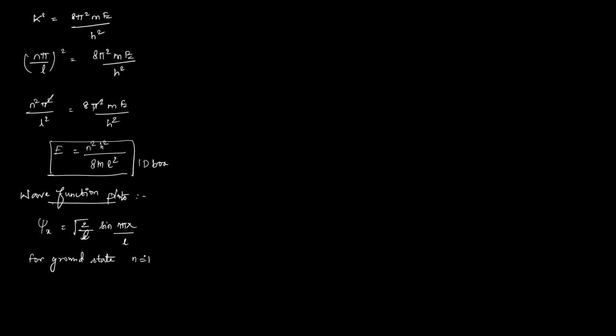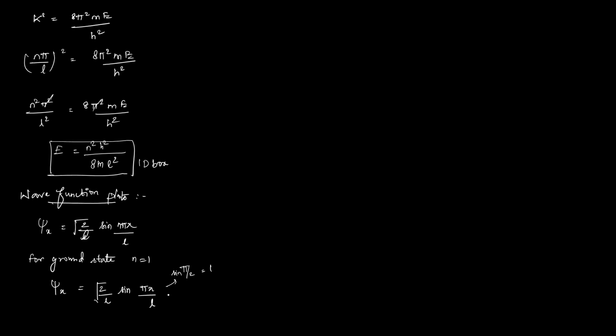Right, so if you put n equal to 1, you'll get the wave function as psi of x equal to root 2 by l sin pi x by l. Okay, so for pi x by l, what is the maximum and minimum value? The maximum value, when is it? sin pi by 2, that is 90 degrees, so it will have maximum value of 1.